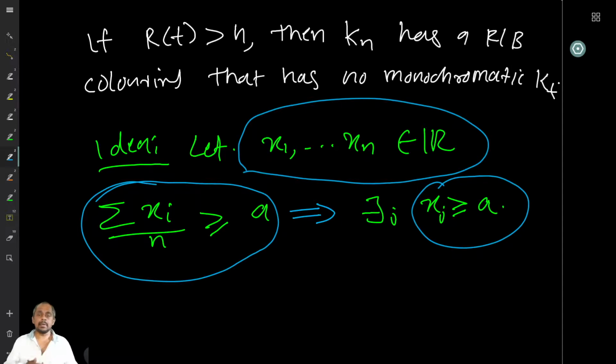For example, the probability of finding a specific property is strictly positive. Then I know.